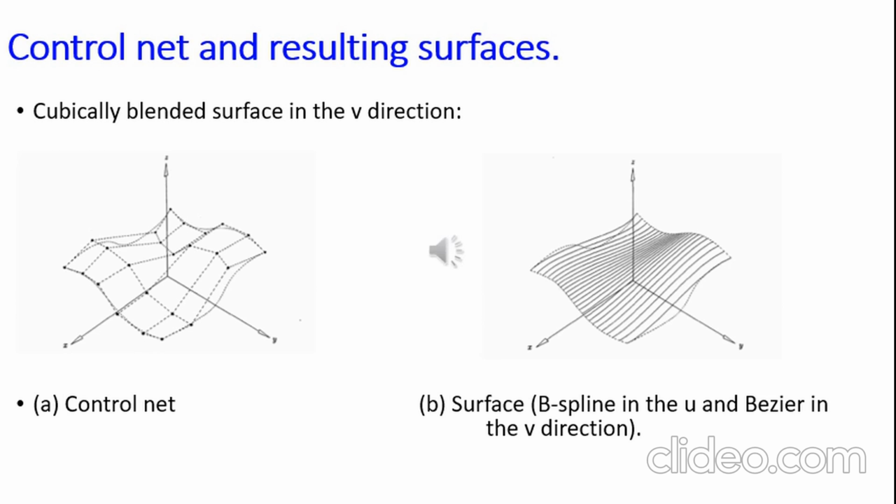The A figure is the control net and the B figure is the resulting surface. But here it's the B-spline in the U direction and the Bezier in the V direction. You might have noted that for the cubically blended surface in the U direction, the B-spline is in the V direction and the Bezier is in the U direction. But for the surface in the V direction, it's vice versa.